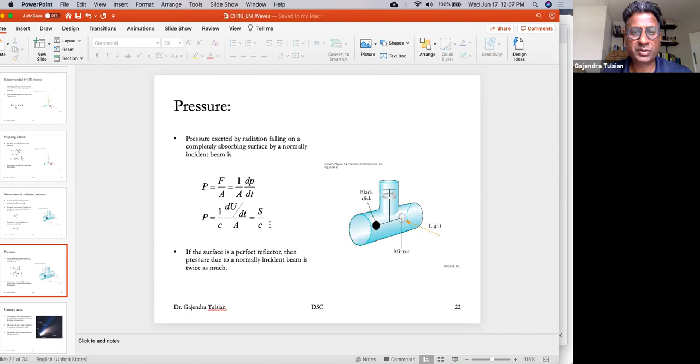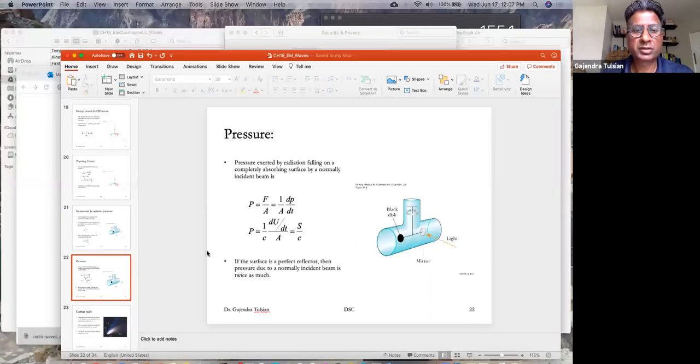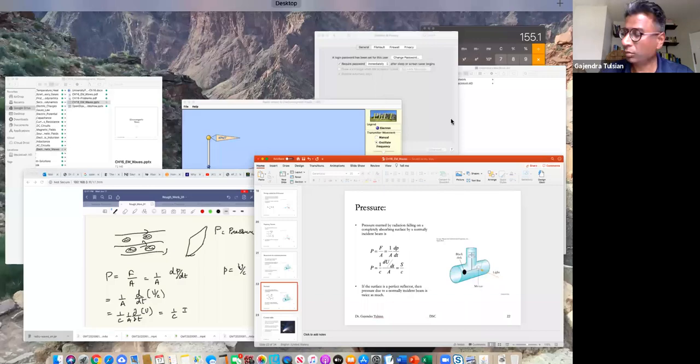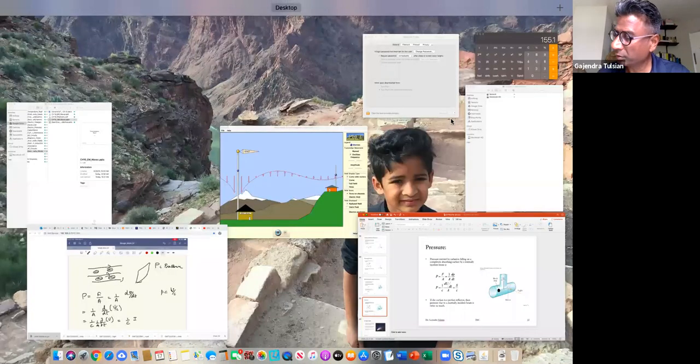If the beam is reflected, then the pressure is twice as much. So this is for an absorbing surface.